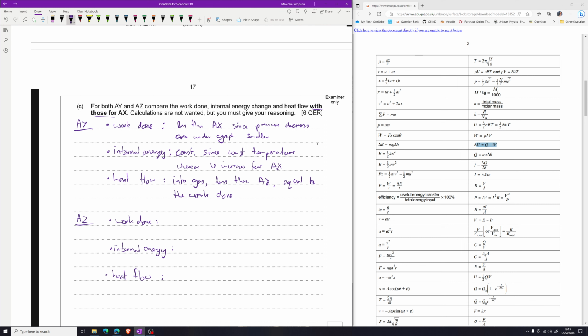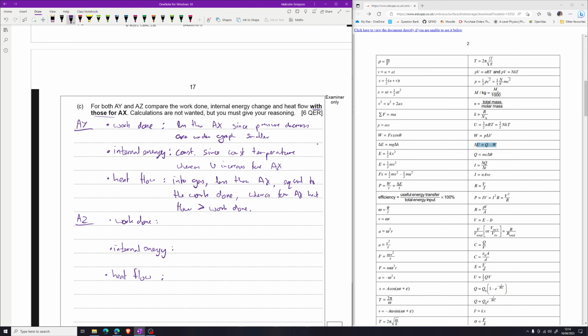Whereas for AX, heat flow is greater than work done, because the internal energy went up.